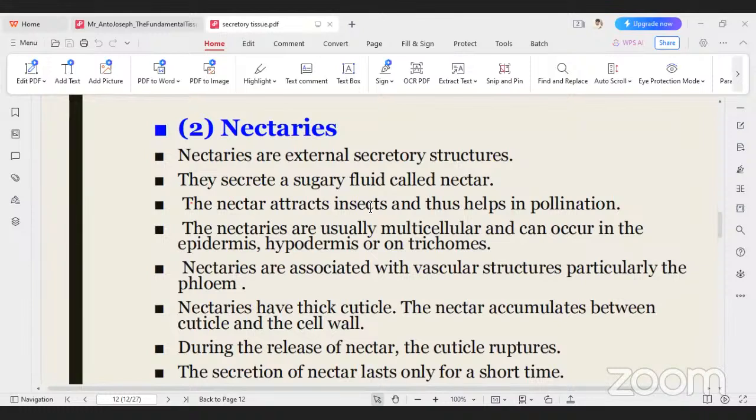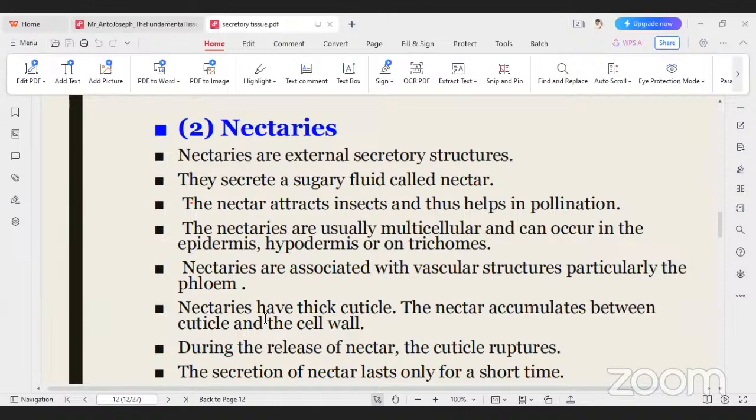That is the first primary use. The nectaries are usually multicellular. The first one, glandular hairs, may be unicellular or multicellular, but nectaries are mostly multicellular. They can occur in the epidermis and hypodermis or in trichomes.